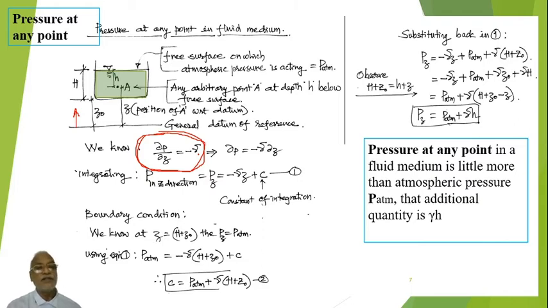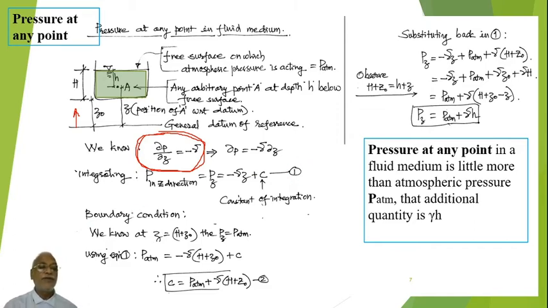Now if you rearrange the terms, dou P is equal to minus gamma dou Z. So integrating, we get Pz is equal to minus gamma Z plus a constant of integration, assuming that gamma, the unit weight, is not changing. We'll call this equation number 1.